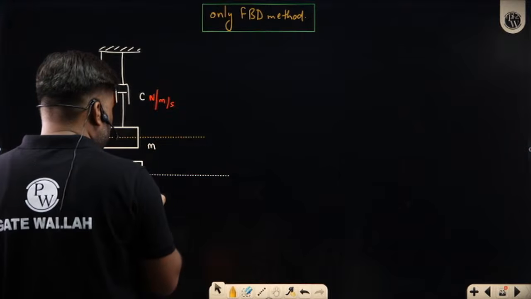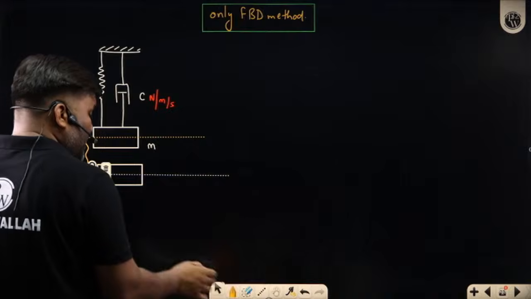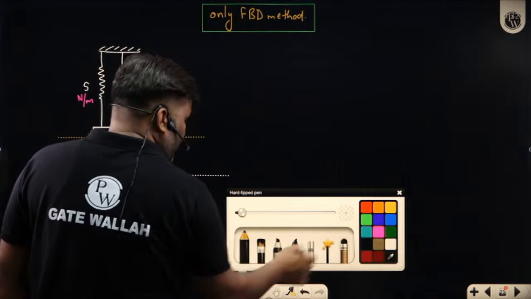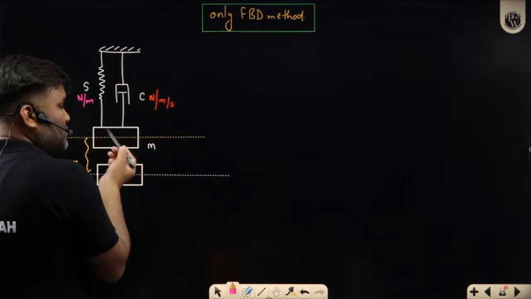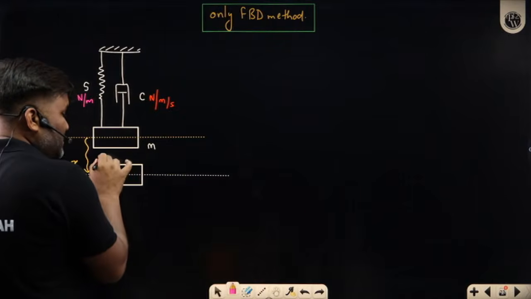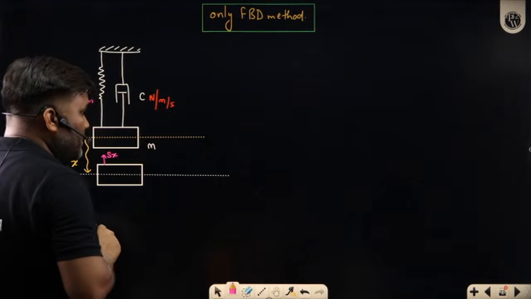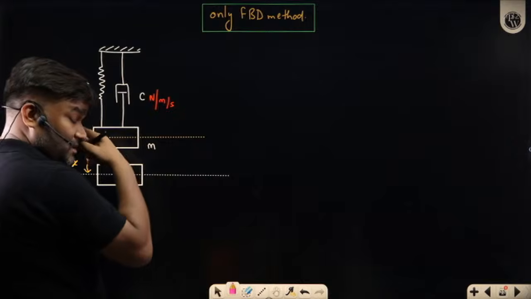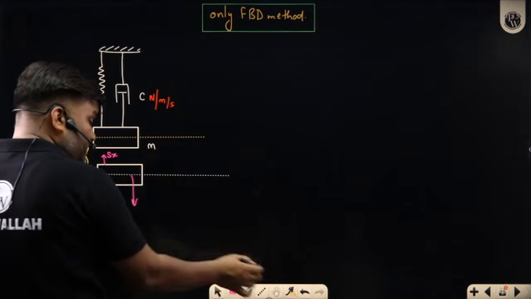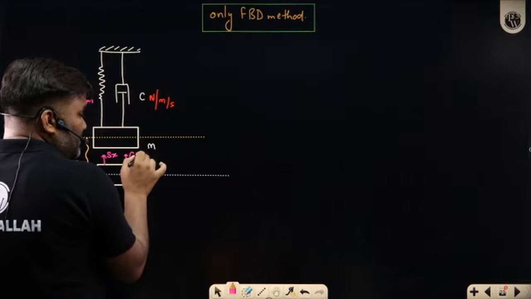First of all, the spring force: since x displacement is there, the spring force acts upward, s times x. Okay. The damper will oppose the velocity. Sir, you are moving with velocity downward, so it will apply some force in the upward direction, c times x dot.